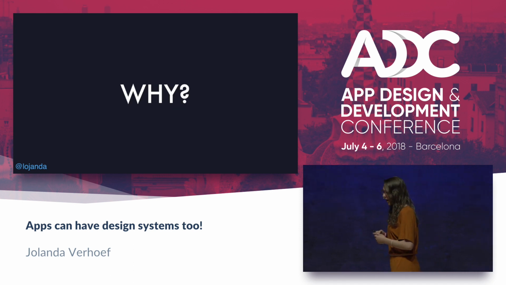So why do we want this then? Well, I asked around a little bit, like for web developers, why did they want to have a design system? Because it's like a hype of the last years that everyone wants to have it. But the big question is why? And the answer I got from the designers at my company, but also from designers and developers elsewhere, is that by creating a very defined set of rules, we can actually focus on the things that matter, on the things that help us create value for our customer.